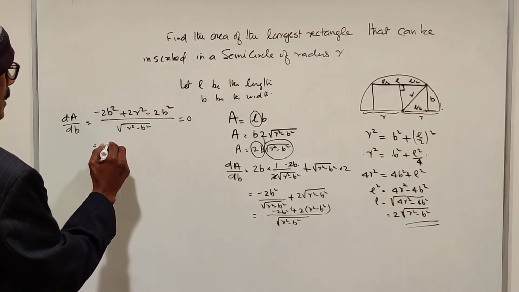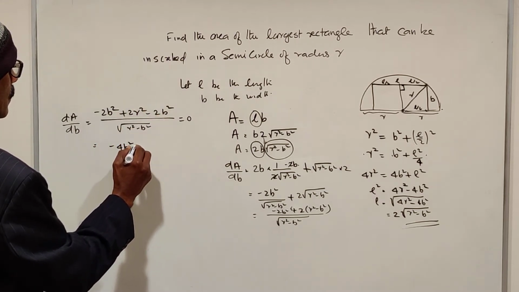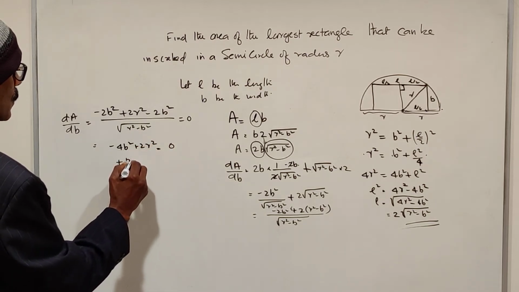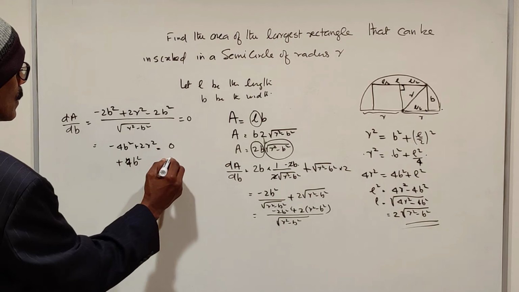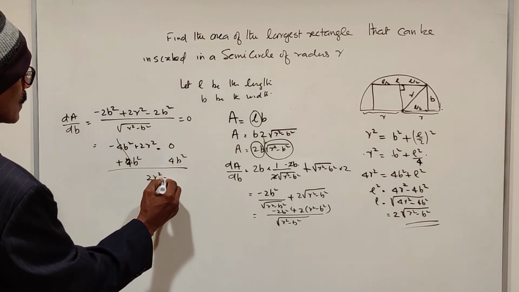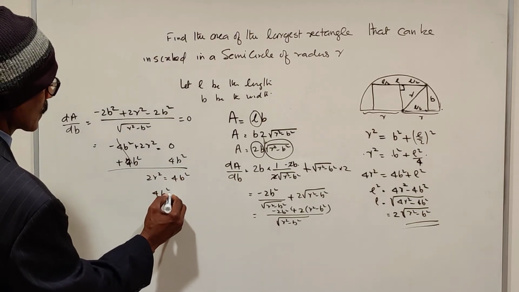Only the numerator: minus 2b square minus 2b square plus 2r square equals 0. Plus 4b square on both sides. 2r square equals 4b square. So you need to find 4b square equals 2r square.